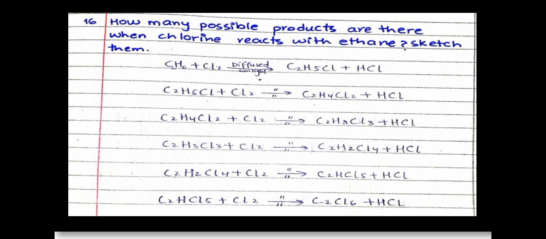C2H6 plus Cl2, we are getting C2H5Cl, and through all of these five reactions at the last we have C2Cl6, and all of these six reactions show displacement or substitutional reaction. See all these six reactions.